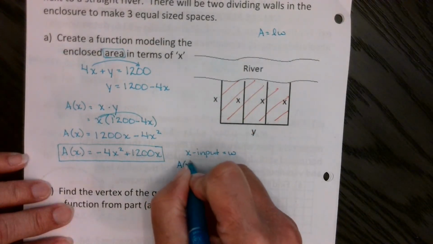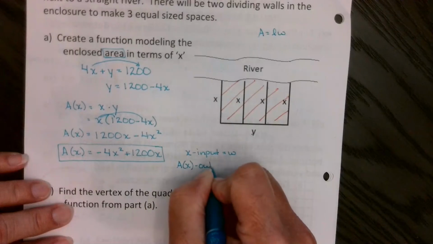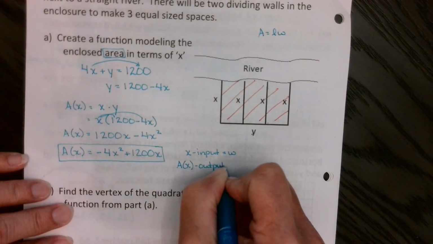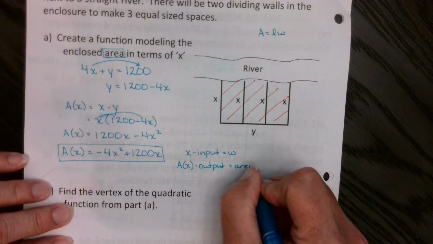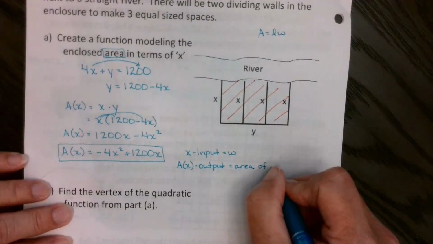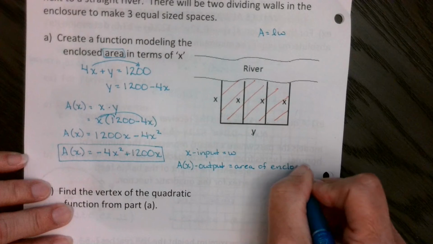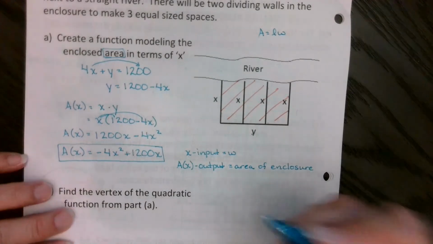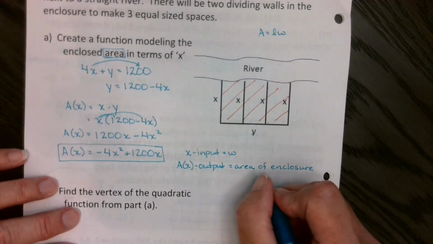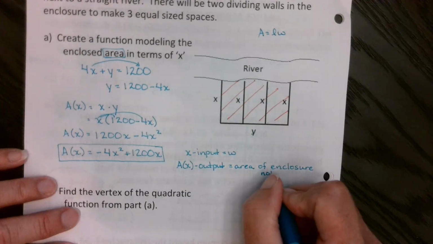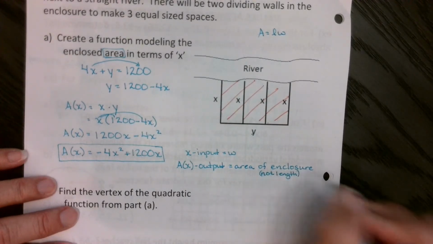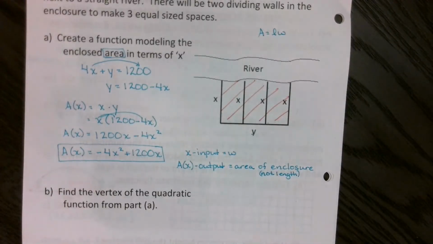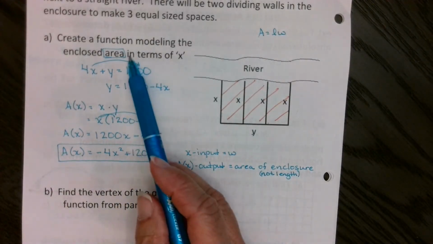Our A of x is our output. Now our output is the area of the enclosure. It's not our length, okay? Not length, because that's where it gets confusing sometimes. The A stands for our area.